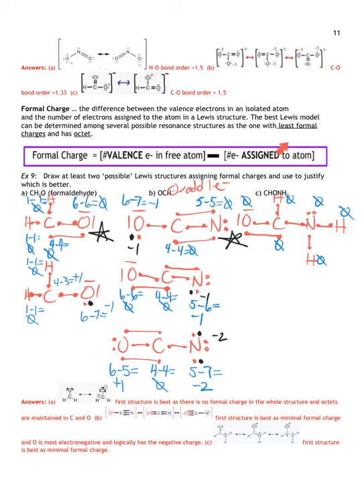Let's now look at the other possibilities. In the other possibilities, I'm going to move the pi electrons over to the nitrogen right here. And as a result, I'm going to see a different structure from that, with formal charge probably.